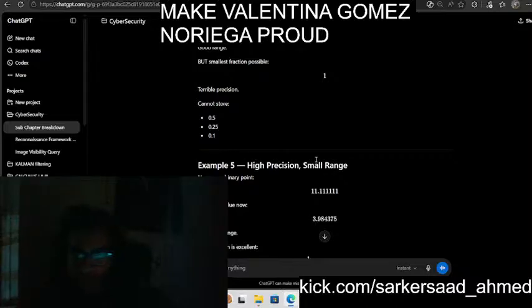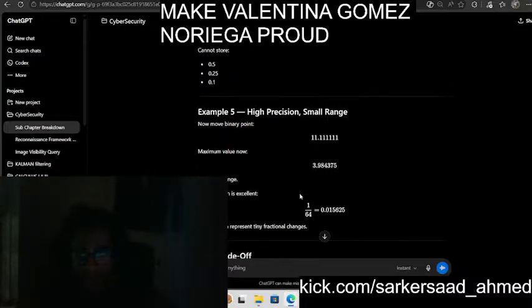For high precision, move the binary point. Suppose you have two integer bits, all ones. So you have 2 to the power 1 plus 2 to the power 0, so that's 3. And then 2 to the power minus 1 plus minus 2, minus 3, minus 4, minus 5, minus 6. So the maximum value now is about 3.98. It is good, but a very small range.